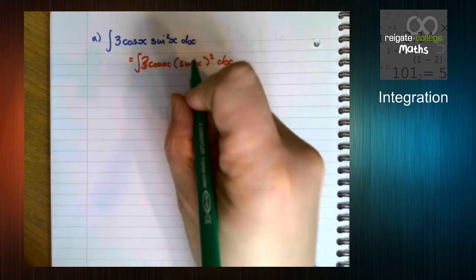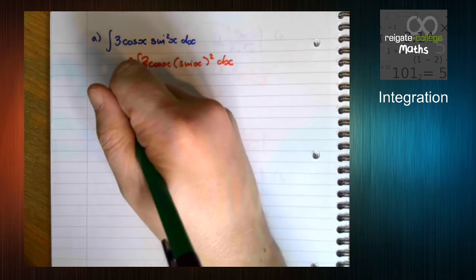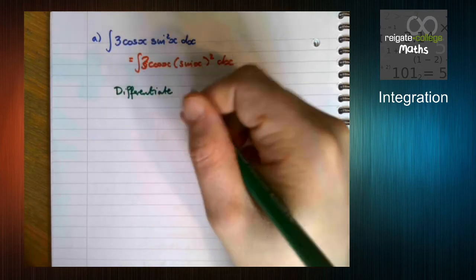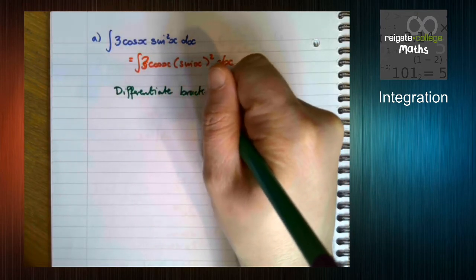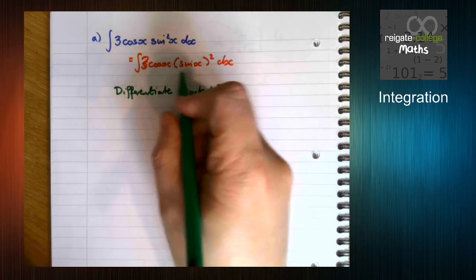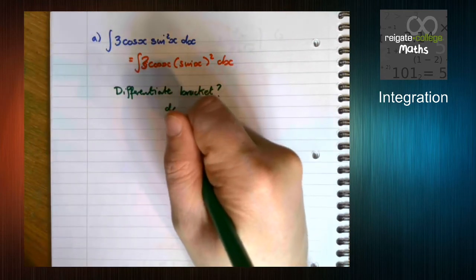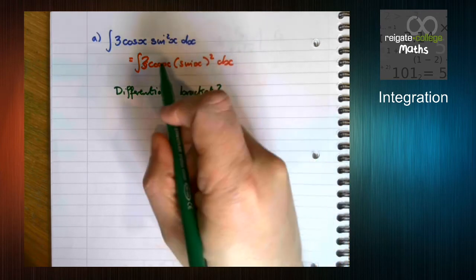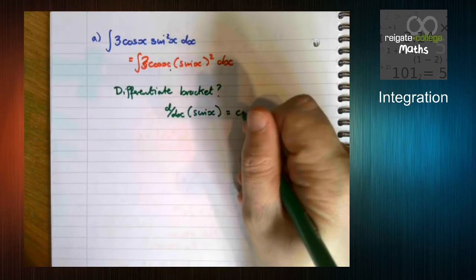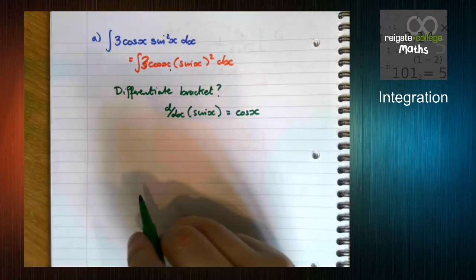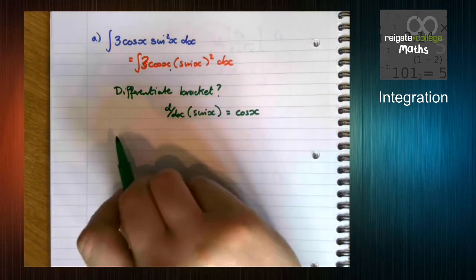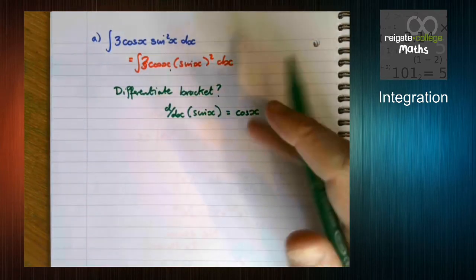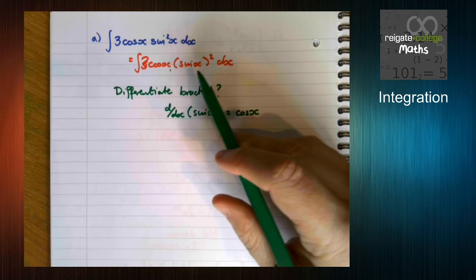What happens when we differentiate the bracket? In this case, we get exactly what's on the front. So this means that this is going to integrate following our usual by inspection idea.